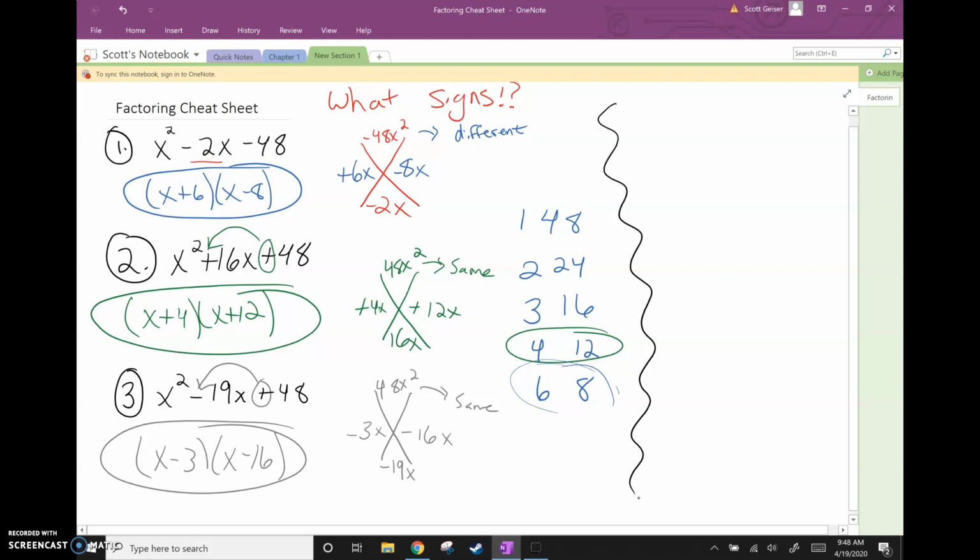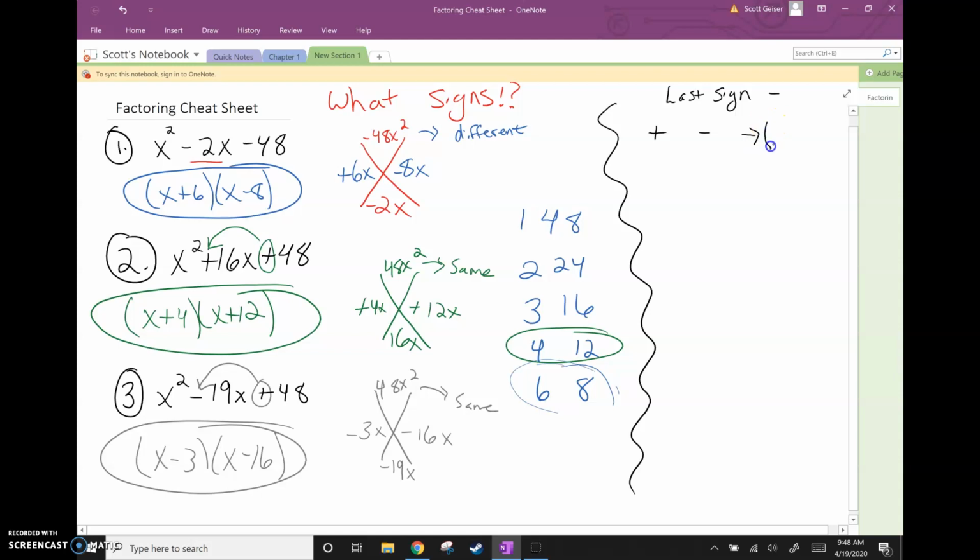If the last sign is negative, like if I have something plus and then a minus, the last sign here is negative.